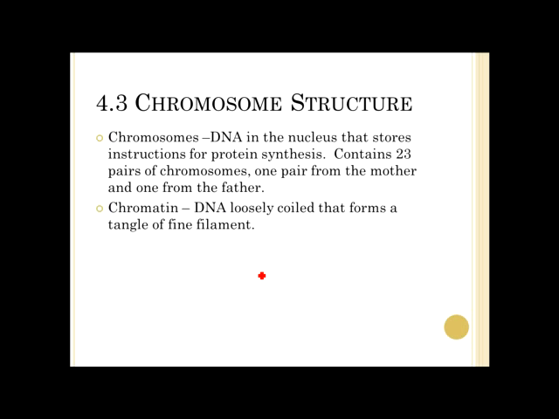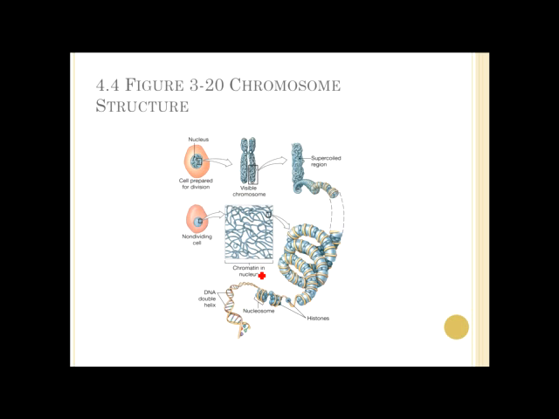Chromatin is DNA loosely coiled that forms a tangle of fine filament. And we're going to see these all intertwined here. So this is the nucleus, and it's preparing for cellular division. So it's going to separate off, it's going to make 2 cells. These are the daughter chromosomes, and this coiled region here, these are histones.